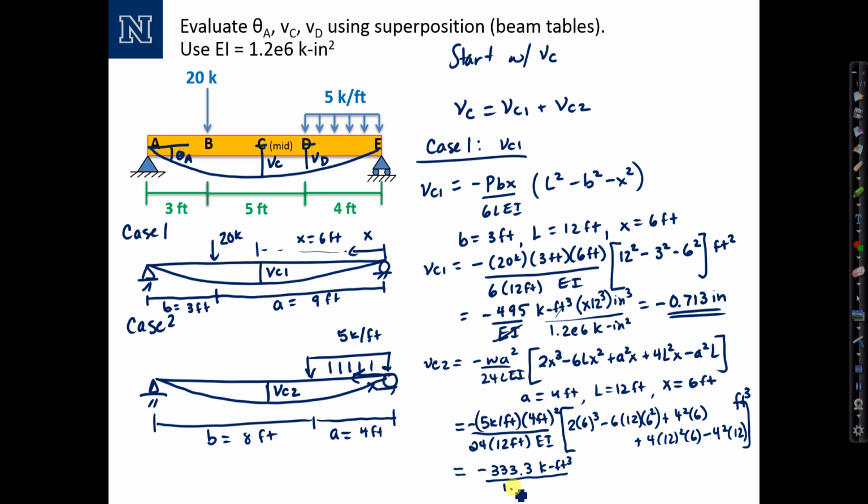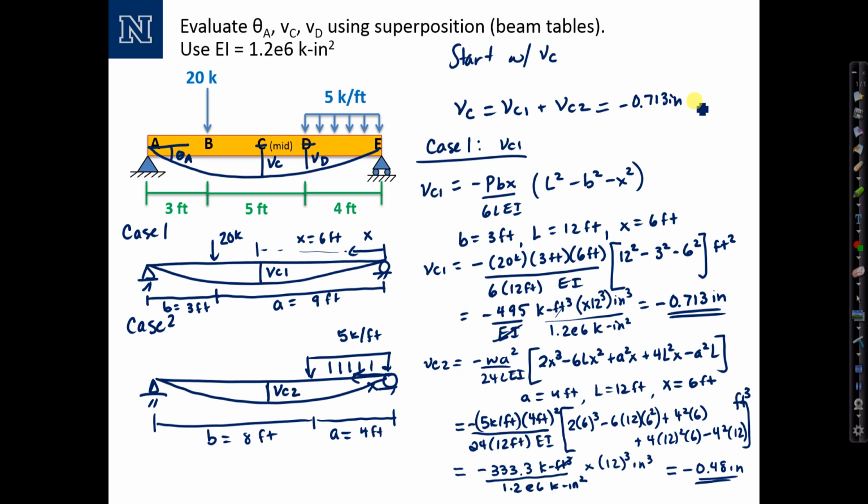This time I'll write it in: 1.2 E6 kip inches squared. To get the top into inches, I multiply by 12 cubed inches cubed, and that number is negative 0.48 inches. That's VC2.